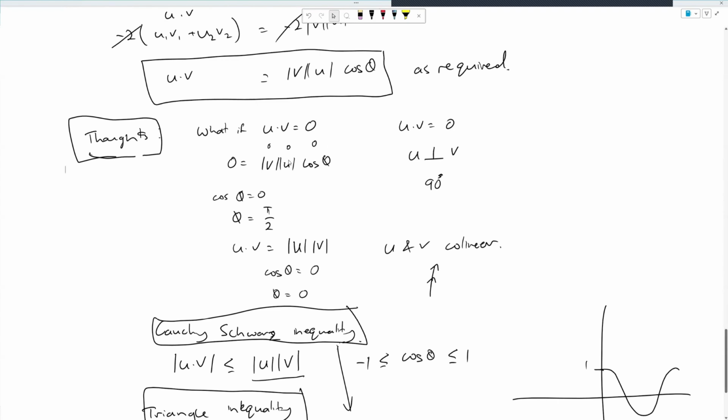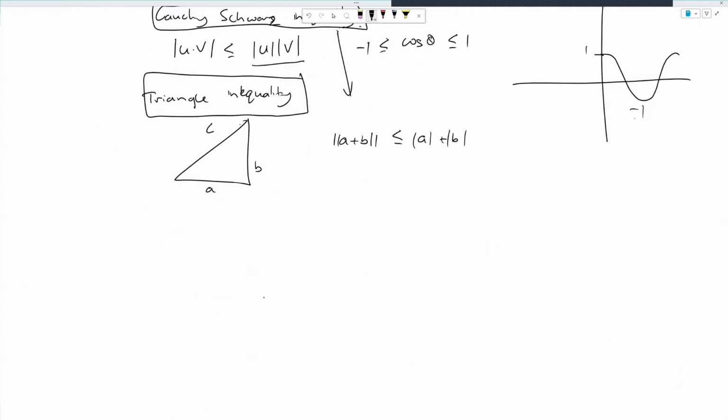So if the dot product is equal to 0, then they are orthogonal. And I should really highlight this one. If the dot product is 0, then the two vectors are perpendicular. Cool. Very important. So let's go on to the next topic now.